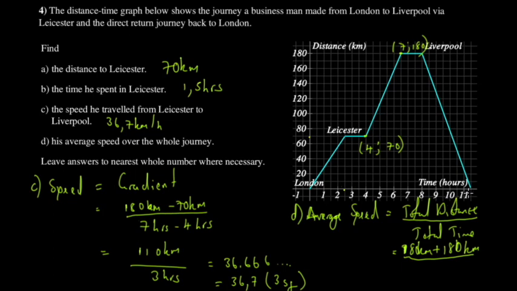So it's 0 up to, this one is 11, so this must be 11.5. This is 9.5, this is 10.5, this must be 11.5 hours. So it's 360 divided by 11.5, and you'd get 31.3 kilometers per hour, 3SF.